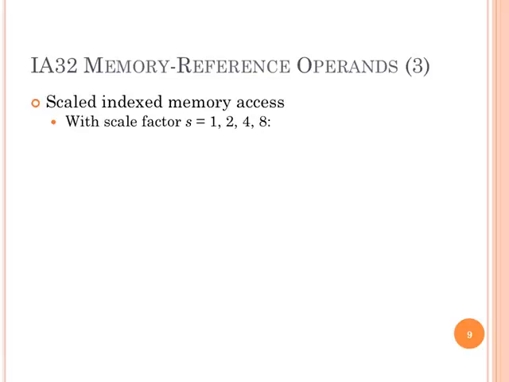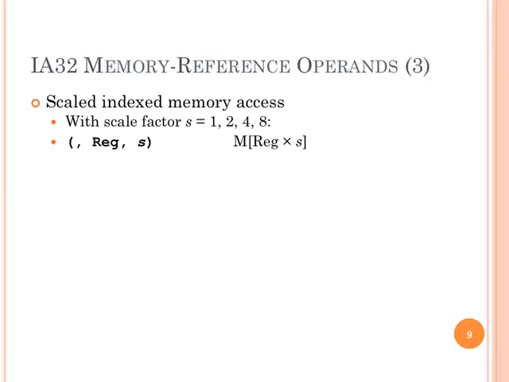Last thing. We said we can have arrays of bytes, but an array of bytes is not very useful. Most of the time, we don't actually use arrays of bytes unless we're processing string data or something like that. It doesn't really help me if I want an array of ints or an array of structs. So we also have scaled indexed memory access, where the scale factor is akin to the element size of the array that we're accessing.